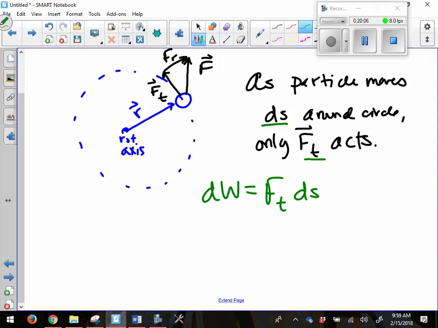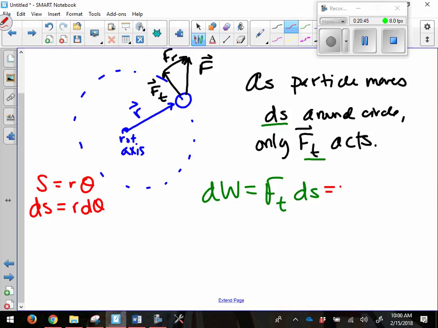But of course, I'm talking about rotational motion, so I don't really want to talk about ds. How do I talk about distances when I'm talking about rotational motion? Theta. So, flashback, how are s and theta related? So my ds is going to be equal to what? Well, it's moving in a circle, so is r going to change? r d theta.